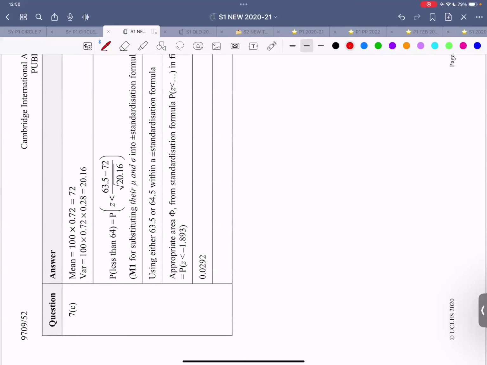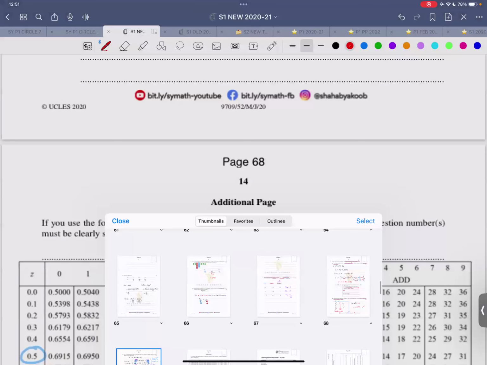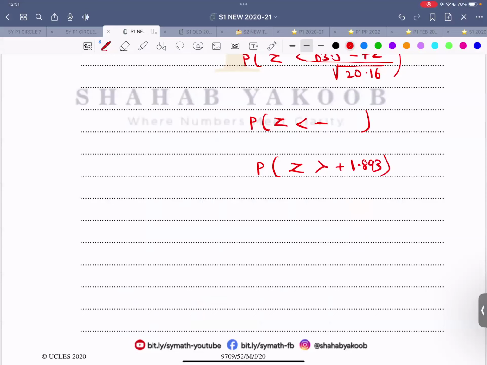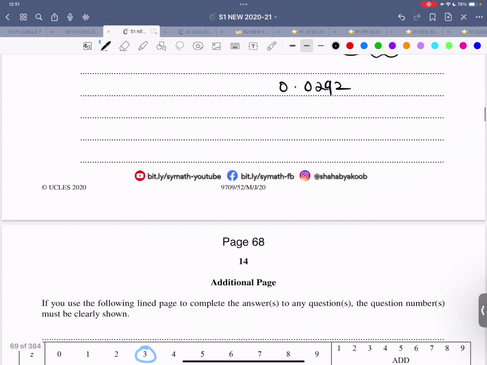This is coming out to be negative 1.893. This is 1 minus phi of 1.893 because this is greater. So we are going in this direction. We will get the value from the table, 1.893, and subtract.